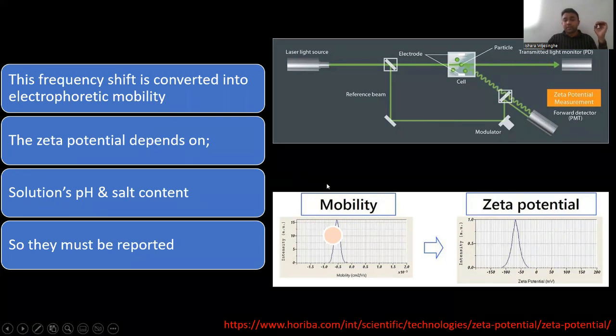So this is the data we can obtain for the mobility, and we can convert this mobility into zeta potential using Henry's equation.